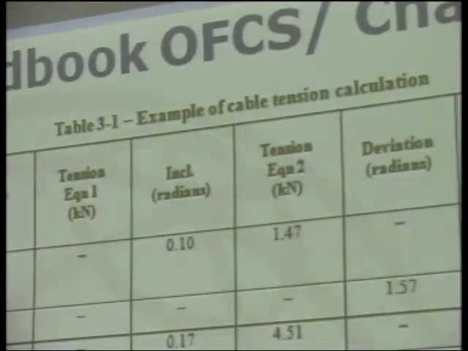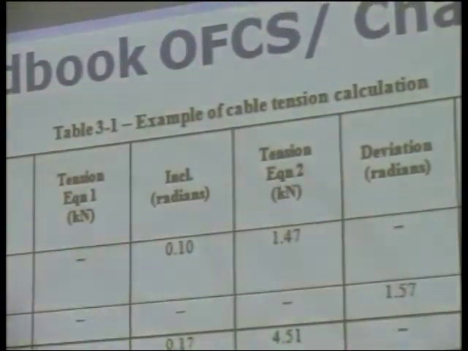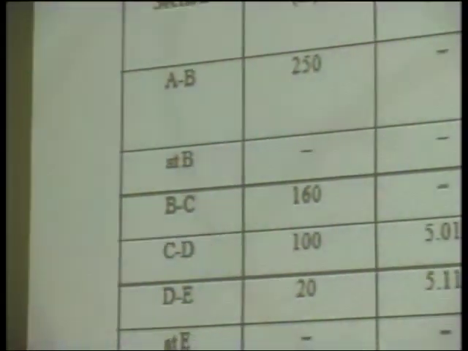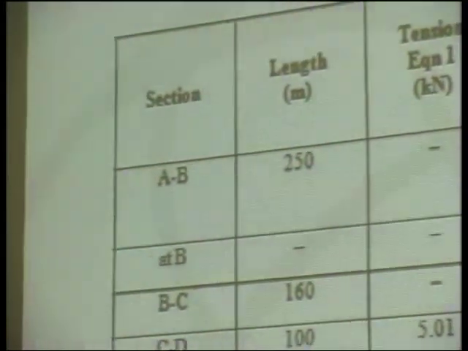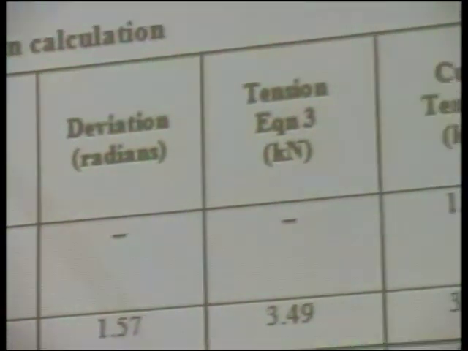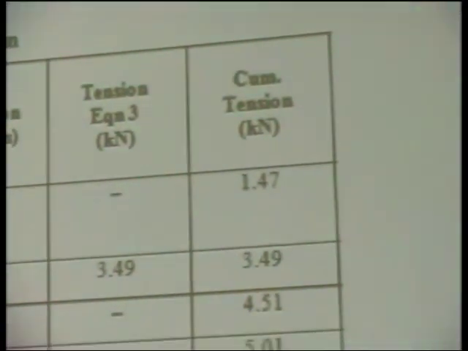Then we can go first to point A and do all the calculation to point G and find in kilonewtons what will be the tension that the cable will suffer when it's pulled.